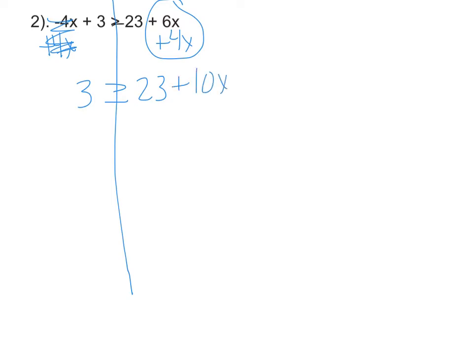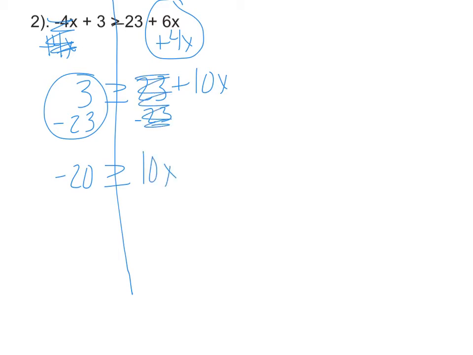Then we're going to get our constants on one side. So we'll start on the right and subtract 23. Subtract 23 on the left. So now 3 minus 23 is negative 20. Bring down our inequality, greater than or equal to. The 23's cancel on the right. We'll have our 10x left.